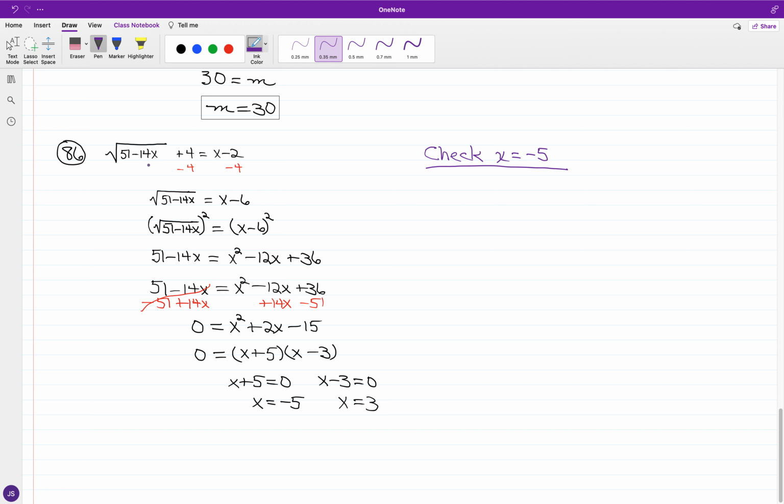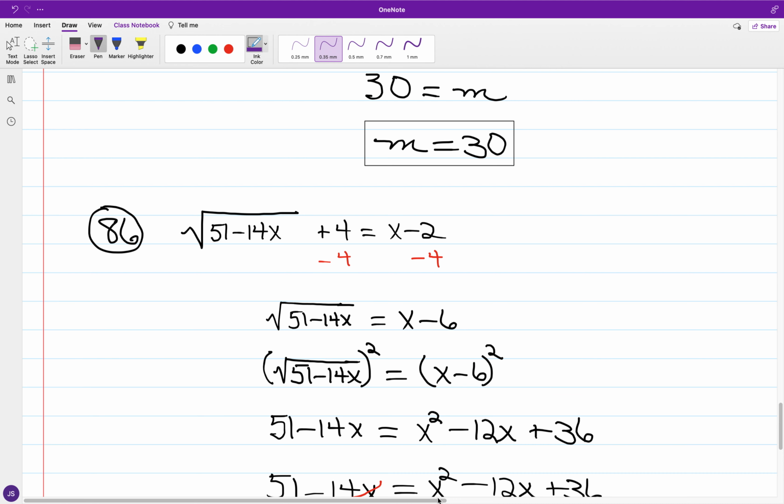If I plug in negative 5 for x in the original equation, I got 51 minus 14 times negative 5. So we have 51 plus 70, since negative 14 times negative 5 will be a positive 70. And we have plus 4. And for x minus 2, I have negative 5 minus 2.